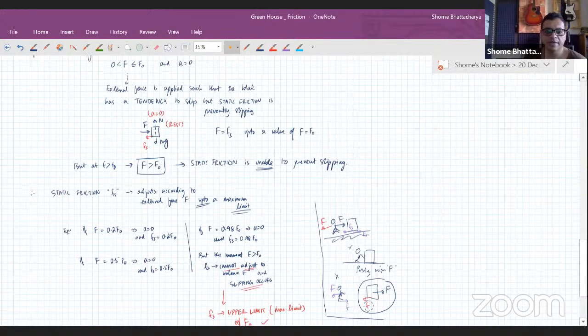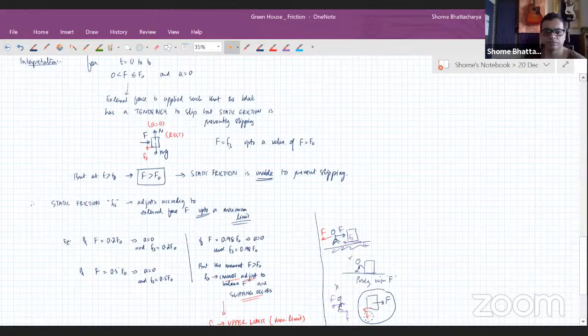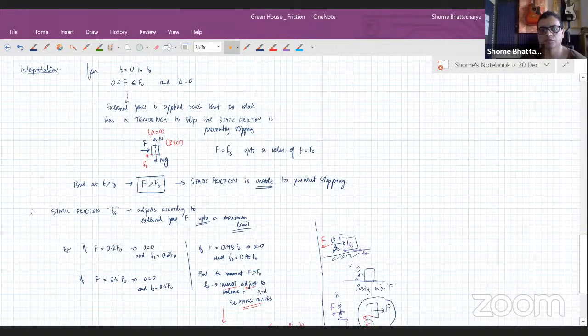And also we'll discuss kinetic friction. Yeah, I'll scroll up to the diagram also.